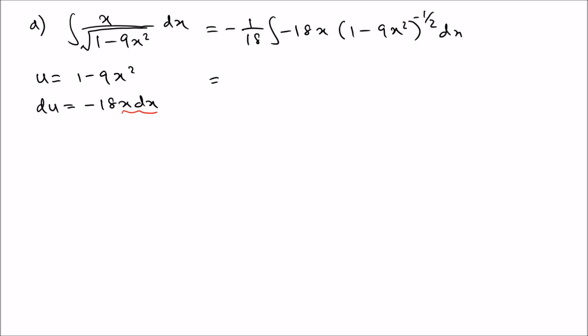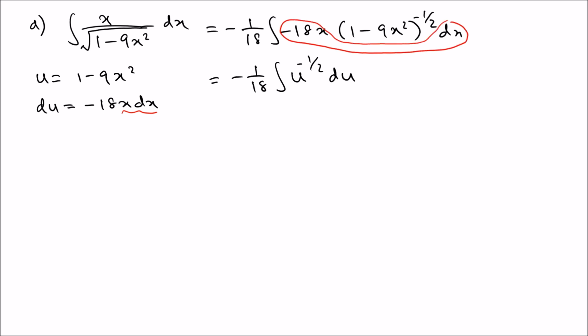You can write it like that. So negative 1 over 18, and this is u to the negative 1/2, and negative 18x dx is simply du. The whole thing is du. Okay, so it's clear.